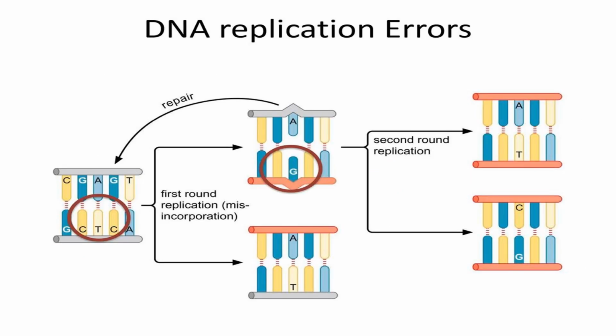Now we will discuss DNA replication errors. As you can see in this diagram, this is the strand of DNA without any error. Complementary to adenine, thymine is present. Now you know that during the process of DNA replication, the two strands get separated.